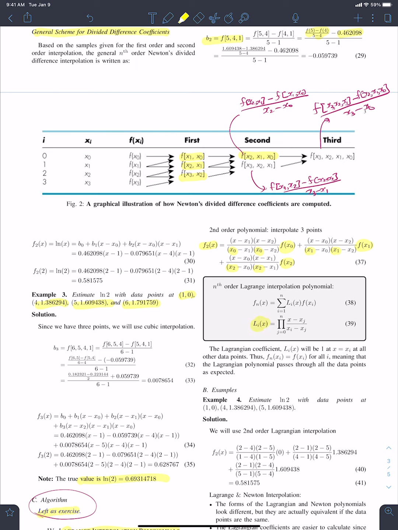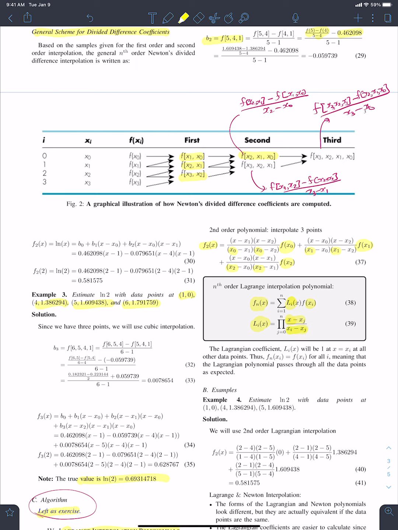The general formula is fn(x) equals the sum over i from 0 to n of f(xi) times Li(x). Here Li(x) is the product over j from 0 to n, with j not equal to i, of (x minus xj) at the numerator and (xi minus xj) at the denominator.